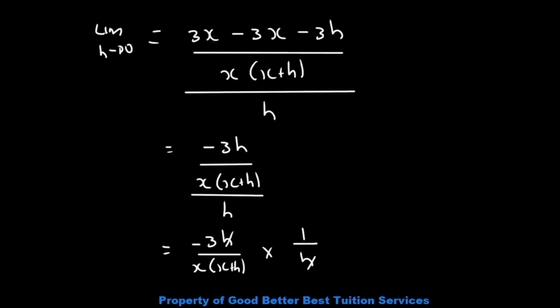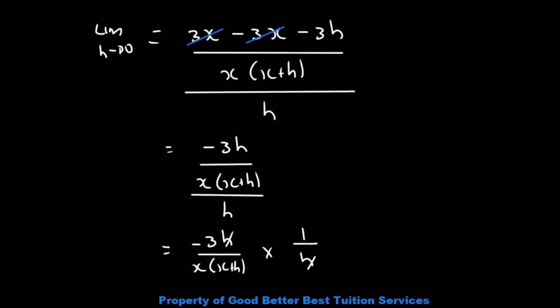And what does that give us? Once we multiply out, we have 3x minus 3x minus 3h over x times (x plus h), over h. And we cancel what we can. 3x minus 3x simplifies, and we have minus 3h over x times (x plus h), divided by h.